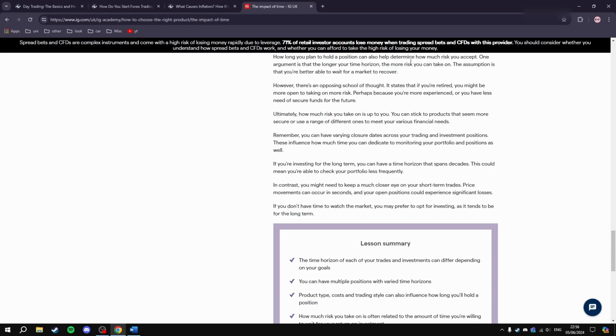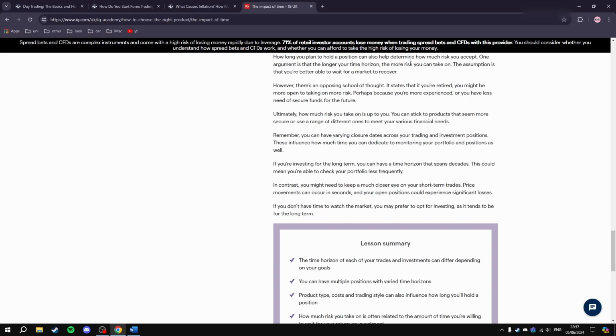So the second one is like, oh, since I'm retired and I've got enough money just to live off of, I can stick more money into my investments because I've already got what I needed to live.